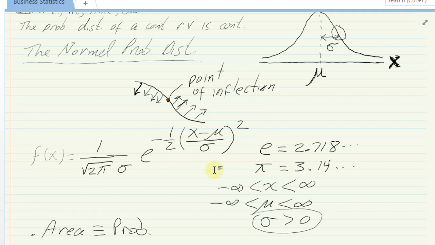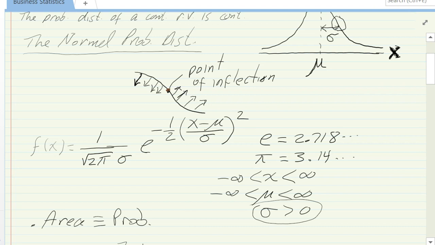Now, one thing that is important is, how do I find probabilities under this curve? Well, in order to find probabilities, we need to find the area. Okay, so that's what I have here. The probability is the area under the curve, right down there. So in order to find probabilities, we have to find areas.